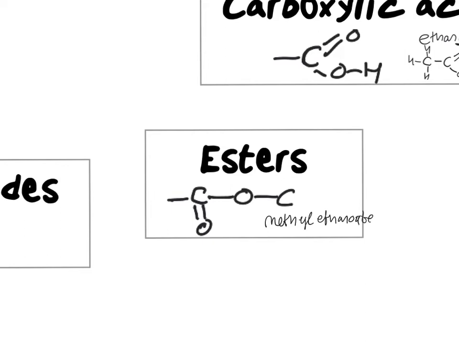So this suffix -ate suggests it contains this carbon double bond oxygen group. The methyl part in methyl ethanoate is from the alcohol, which will be this part here. The ethanoate part comes from your carboxylic acid.